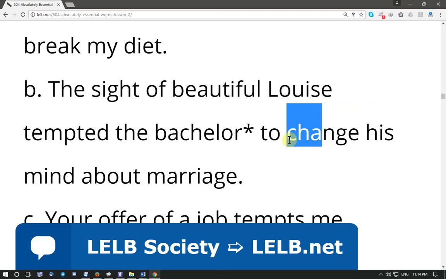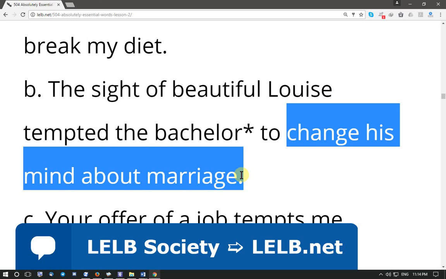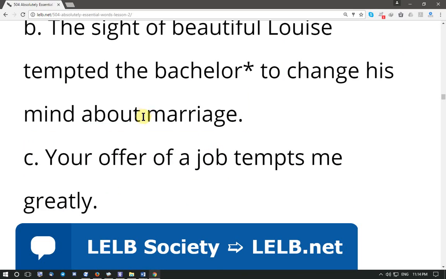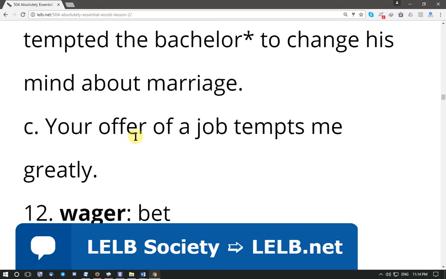So Louis was so attractive and beautiful that when the bachelor actually saw her, he was ready to even marry her. Okay, he changed his mind. Your offer of a job tempts me greatly. So the job must be tempting, at a high salary, and good conditions.